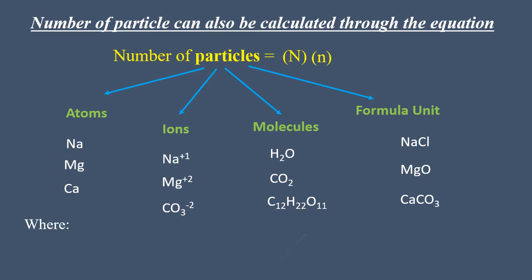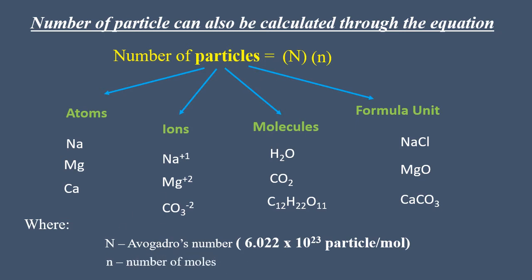Again, your capital N is Avogadro's number, which is equal to 6.022 times 10 to the 23rd particles per mole, and your small n is the number of moles. Remember that the number of particles can be calculated by multiplying Avogadro's number by the number of moles.